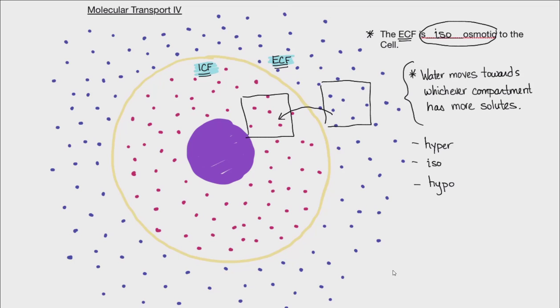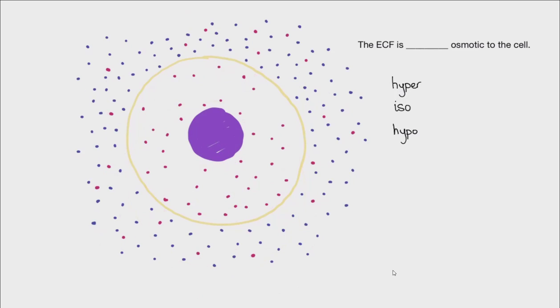Let's take a look at another example. Which one of these prefixes makes this sentence correct based on this picture? Well, if I take a box, I notice that my extracellular fluid has a greater density or concentration of stuff, both blue and red, and my intracellular fluid has a lower concentration of stuff.